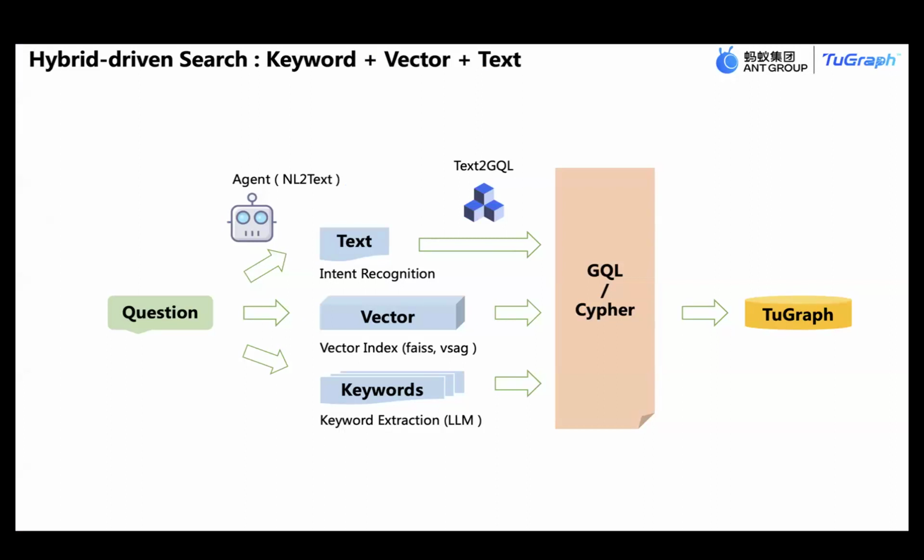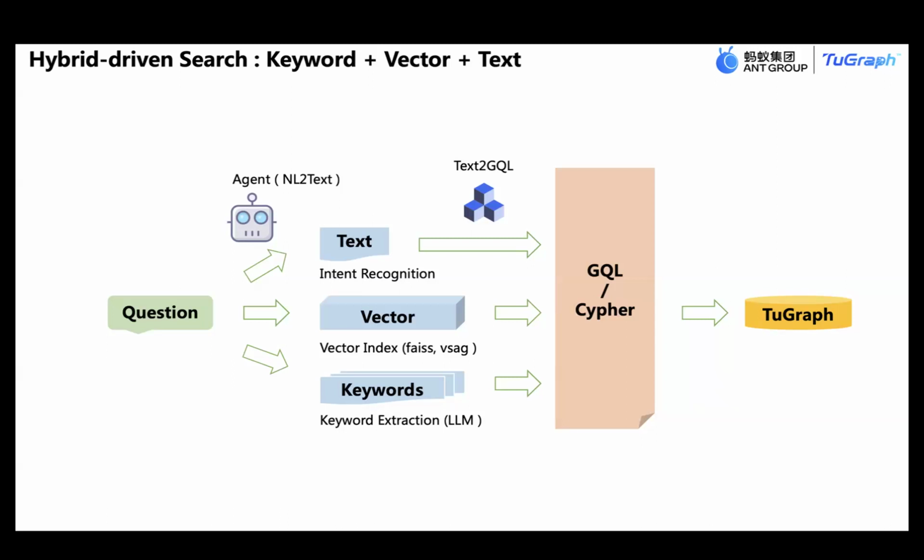The content before all belongs to keyword-driven search, and now we are working on vector-driven search and text-driven search. The main workflow I want to share is the text-driven search.